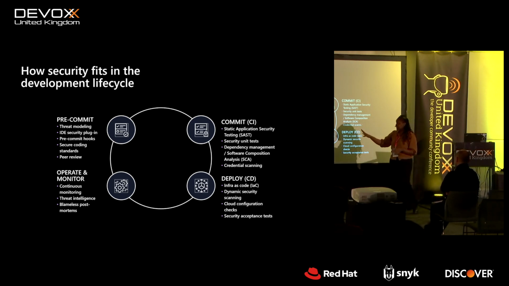So during the pre-commit, we want to make sure that you have threat vectors identified and you're able to fix those security vulnerabilities. IDE security plugin is where you come in and make sure that you have, let me show you.